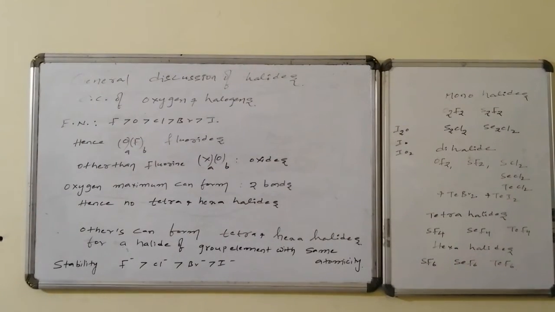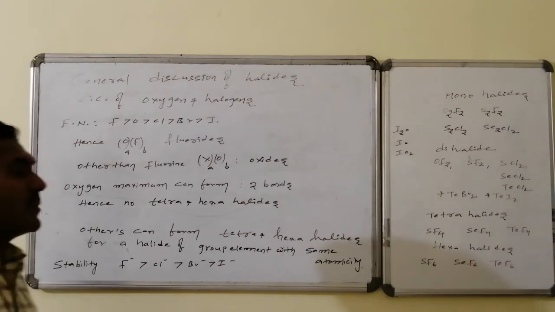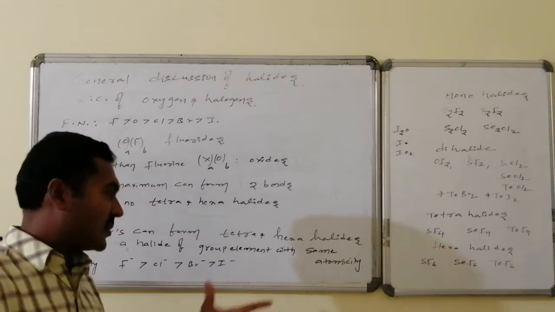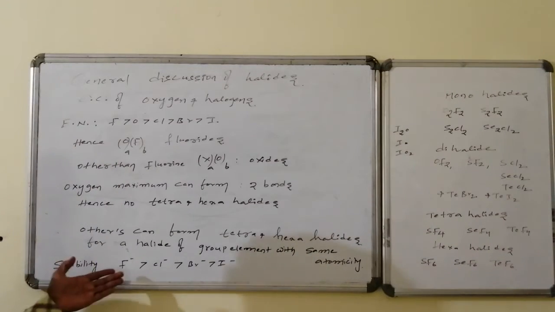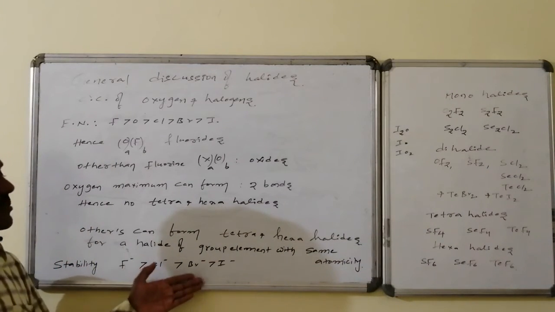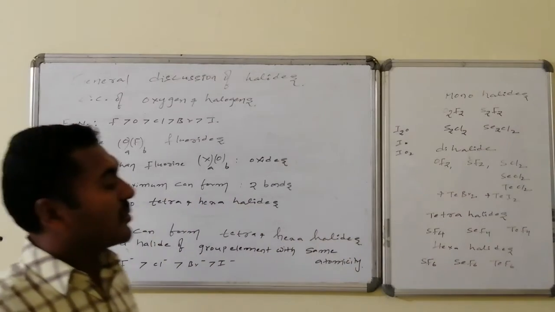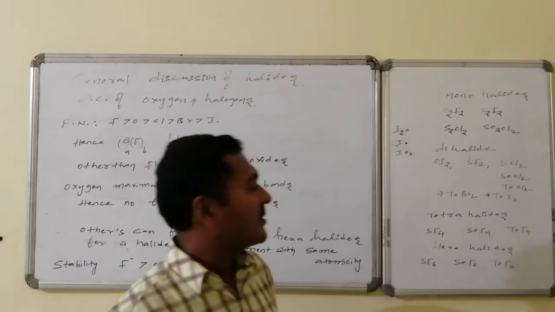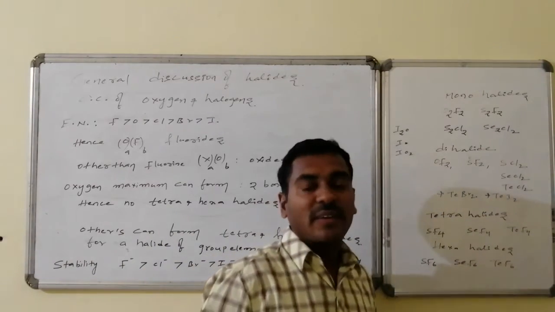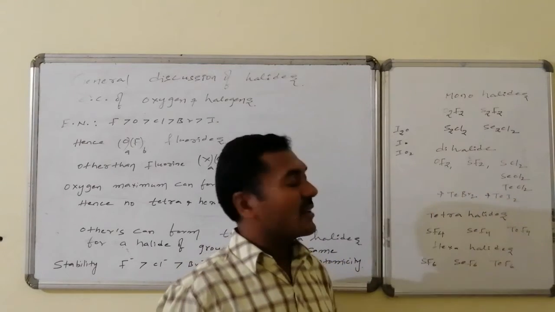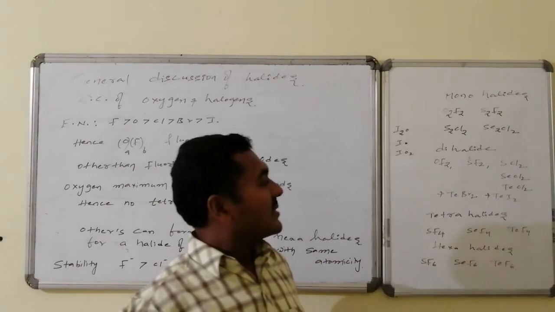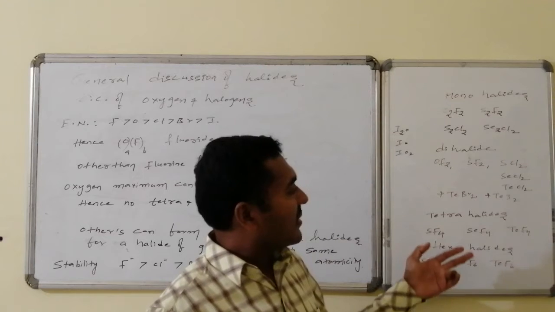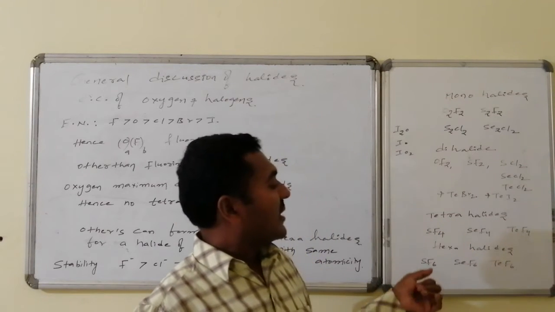Thus, for a halide of a 6A group element with the same atomicity of the halogen, the fluorides are more stable than chlorides, than bromides, and then iodides. Suppose I go for the fluorides: sulfur difluoride, sulfur tetrafluoride, sulfur hexafluoride, all are sulfur related halides. Whereas if I take sulfur difluoride, you can also take sulfur dichloride and sulfur dibromide.